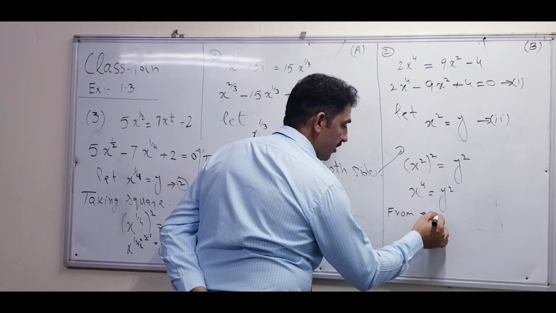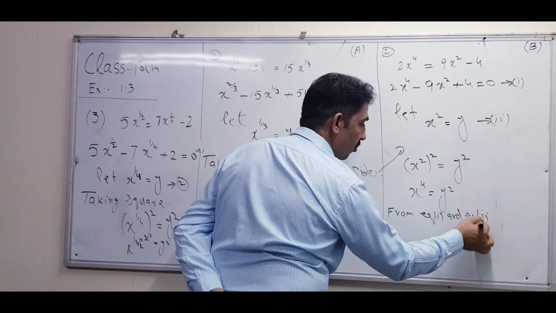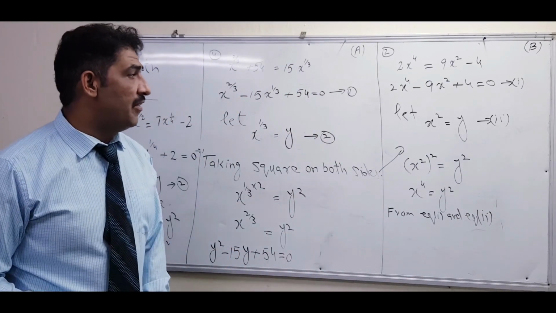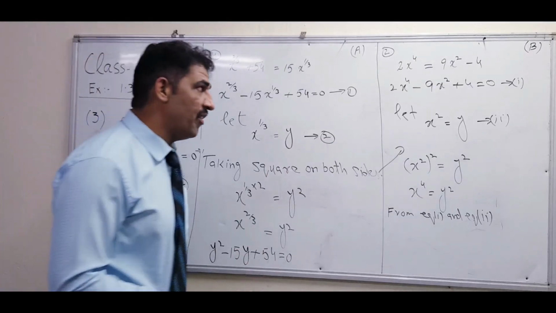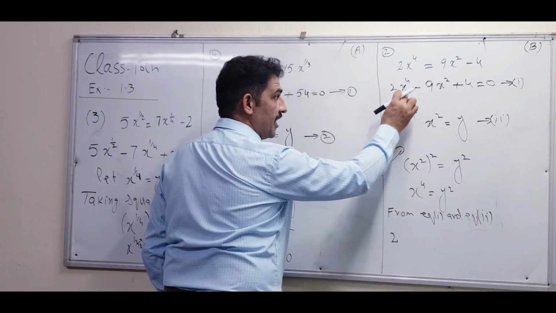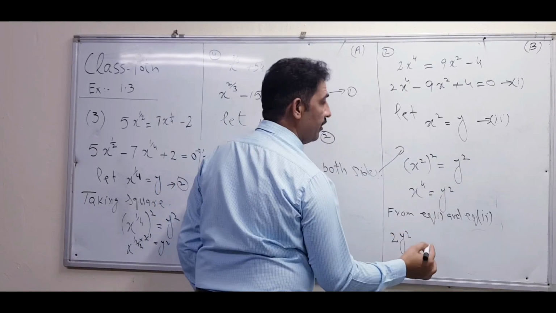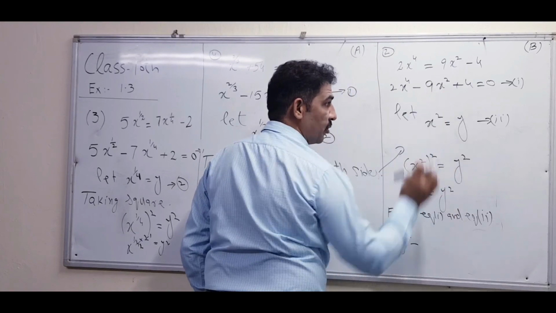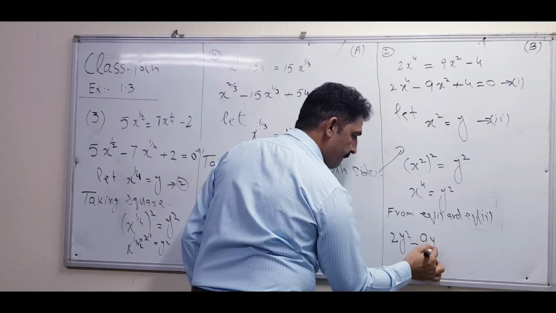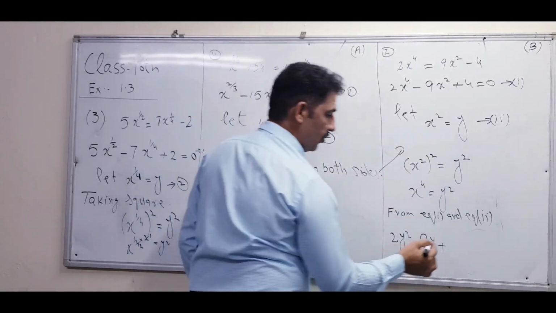From equation 1 and equation 2, you can write that putting the value of y and y square in equation number 1. So 2x exponent 4 changes into 2y square, minus 9x square changes into 9y. Good. Plus 4. Will there be any change in this? No.